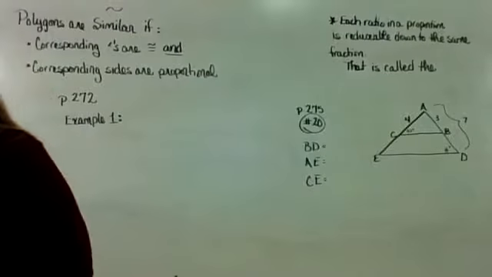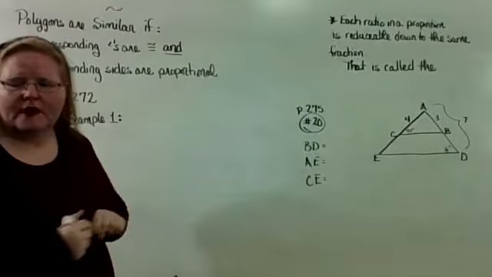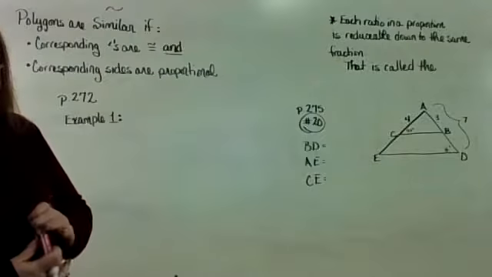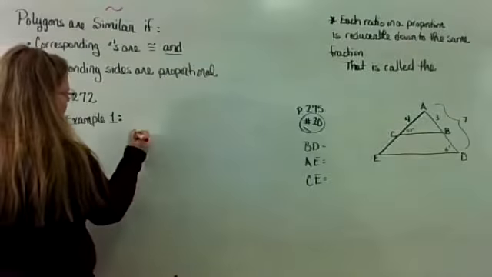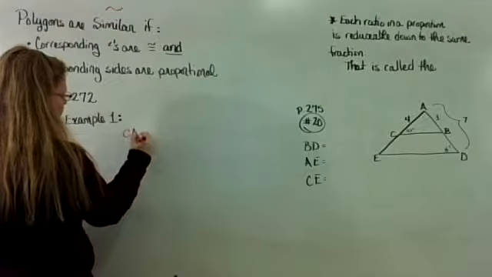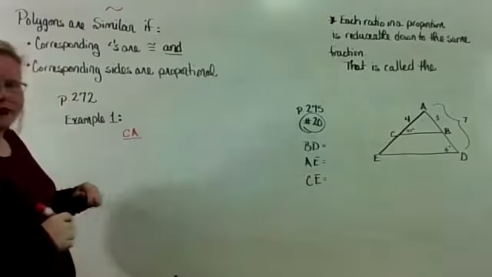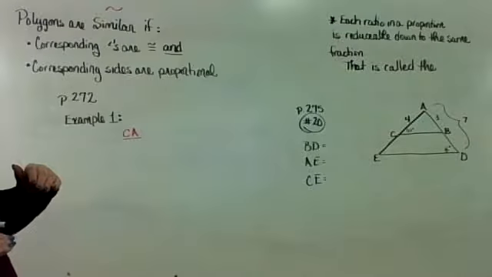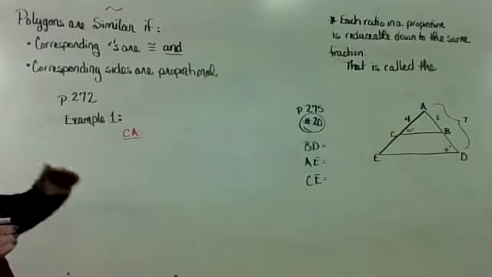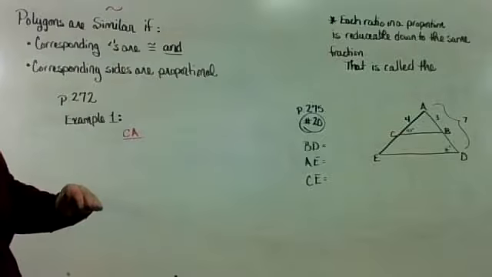So that means, back to a little bit of writing, for A, that CA, whatever CA is, over, that CA is my small figure, over the corresponding side of my large figure, which is FD.